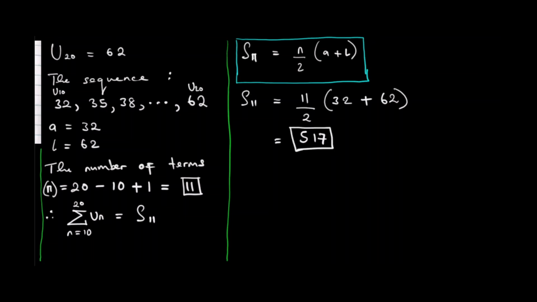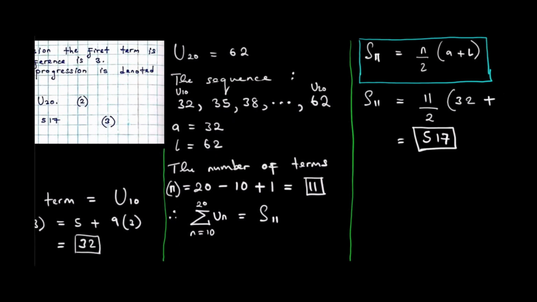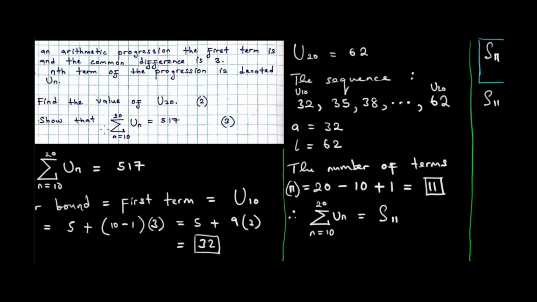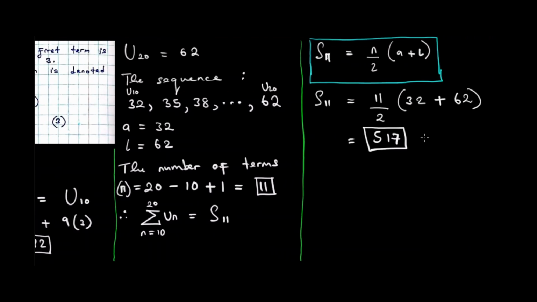But the 517 we are getting is the answer, because here we had been asked to show that this summation is equal to 517. So the trick here is that we create a new sequence starting at term number 10 and ending at term number 20.